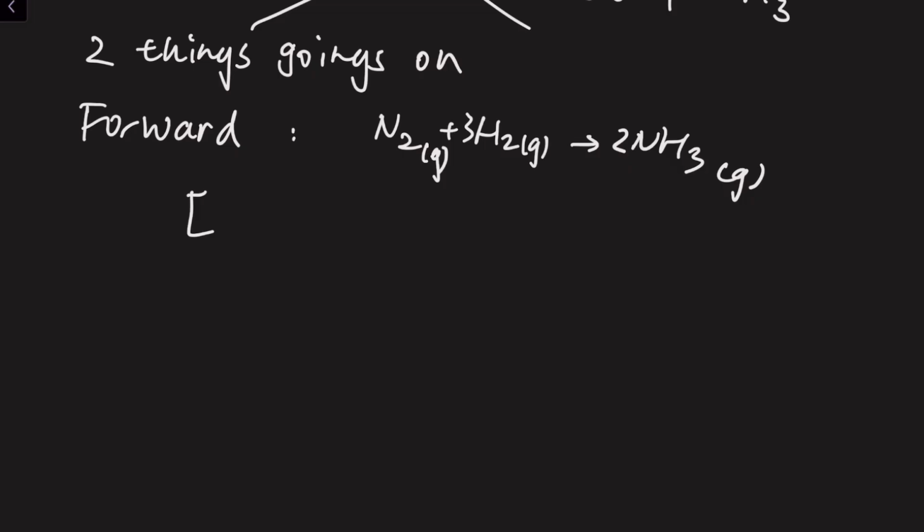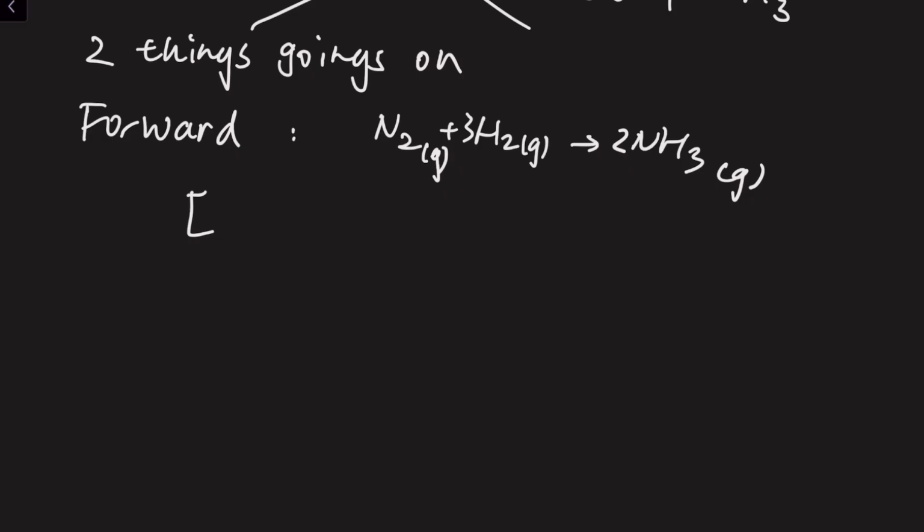And because of that collision, we learned about the rate of reaction. There is a certain percentage of the collisions that are successful. And thus, we would produce ammonia. So this is why the forward reaction would proceed.